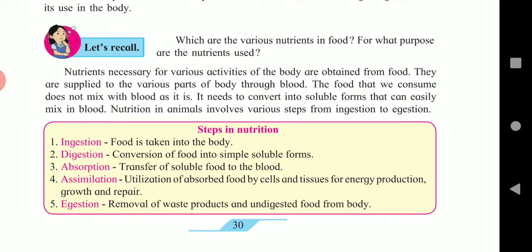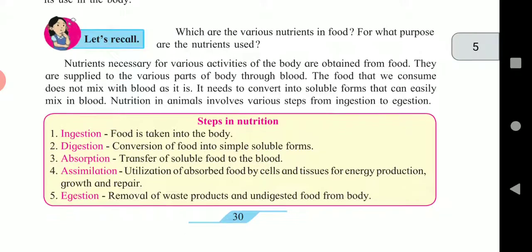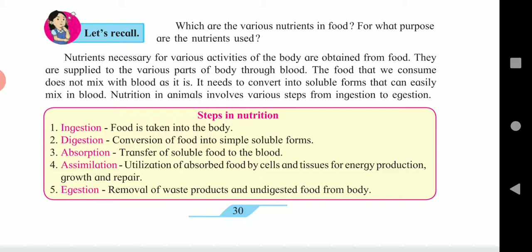The food that we consume does not directly mix with blood. It needs to be converted into a soluble form that can easily mix in blood. Nutrition in animals involves different steps from ingestion to egestion.